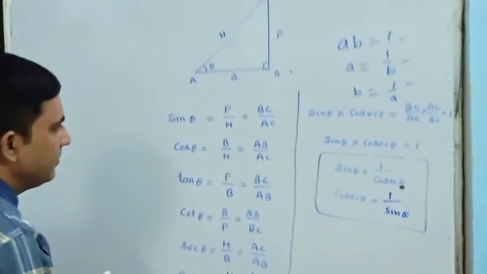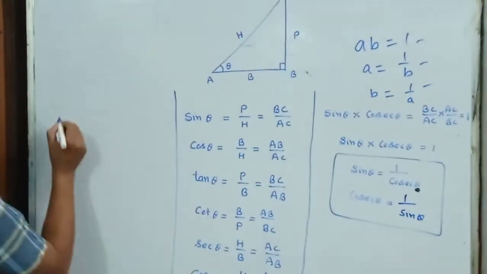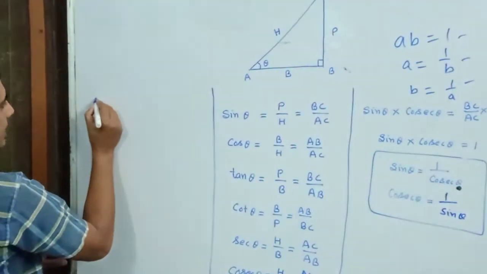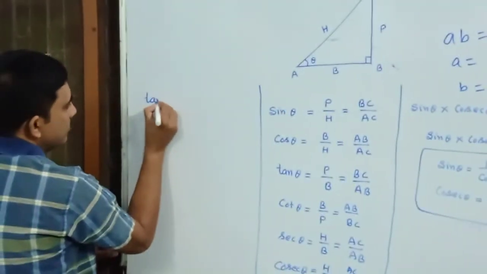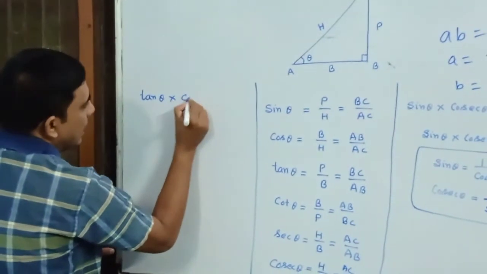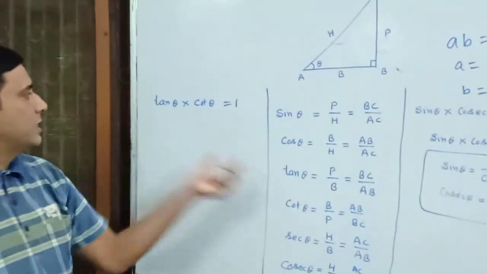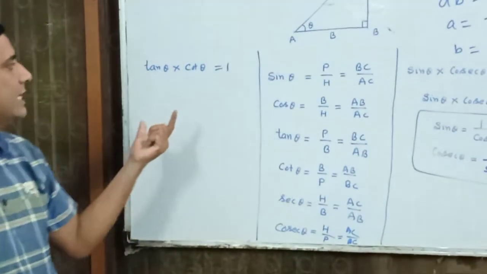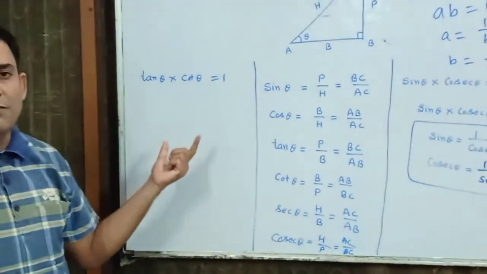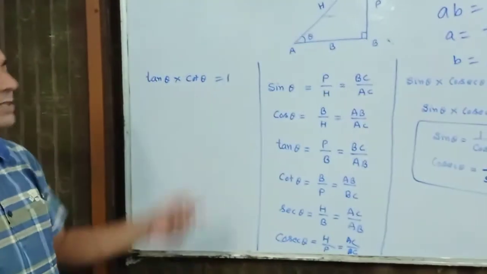In the same way, we can find tan theta into cot theta is equal to 1. You can find it from here: just put the value of tan theta in terms of sides and the value of cot theta in terms of sides, and you will get this relation.